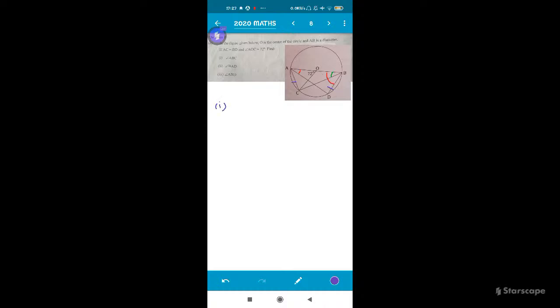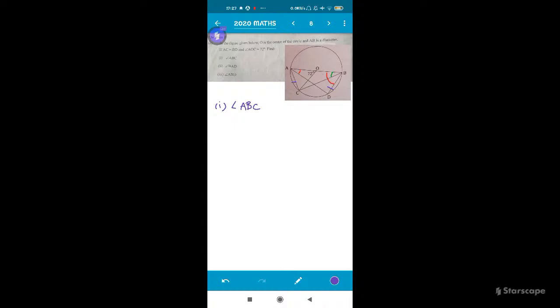So what do we see? Angle AOC is given as 72 degrees. And this is the angle which is subtended by the chord AC on the center. Now we know that if on the center it is subtending an angle of 72 degrees, on the circumference it will subtend an angle equal to half of 72 degrees. So we see that our first question is angle ABC, which is actually the angle subtended by the chord AC on the circumference. That means it will be equal to half of the angle AOC.